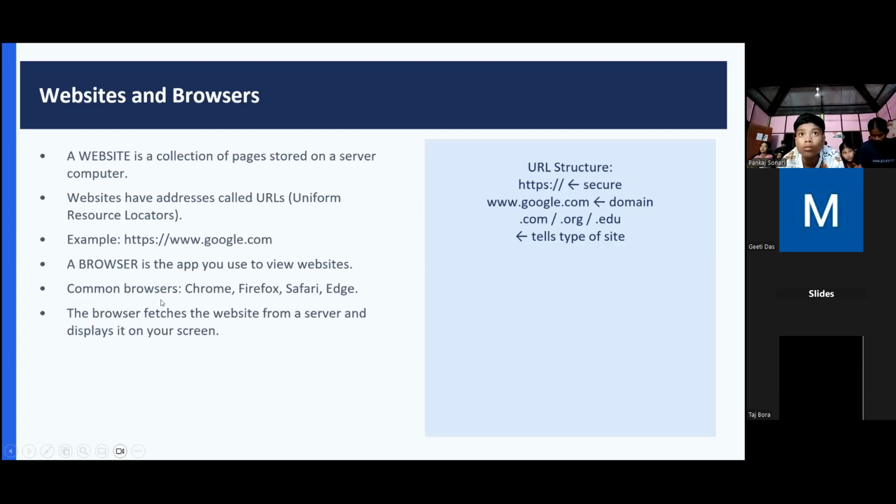Some browsers that you might know are Chrome, Firefox, Safari, or Edge. And then the browser fetches the website from a server and displays it onto the screen. So the main thing to know is that browsers help you access websites, and a website is a collection of pages stored on a server's computer.